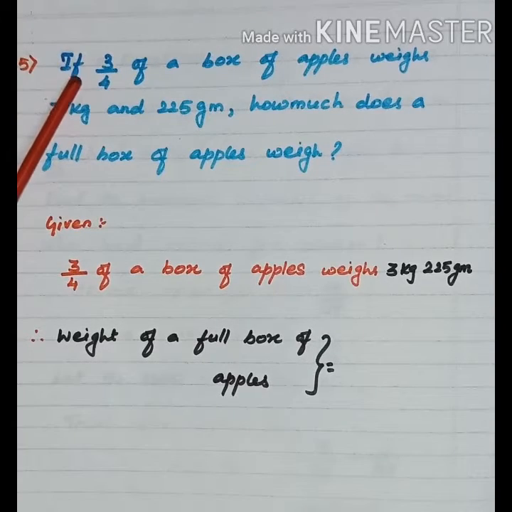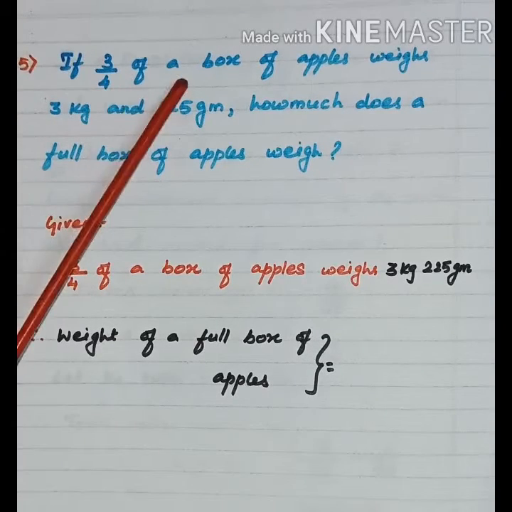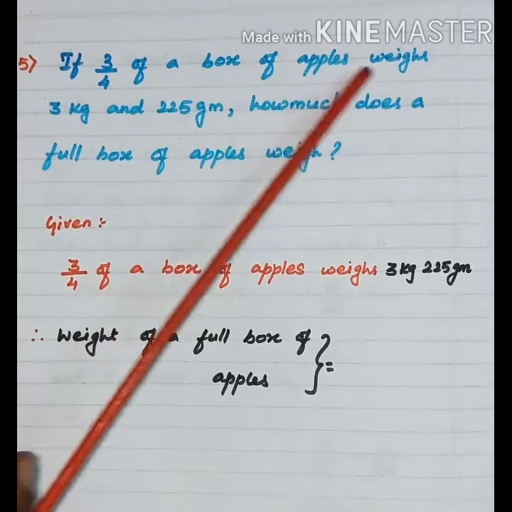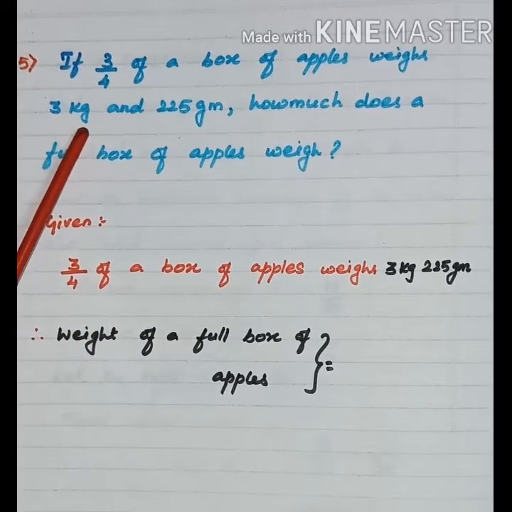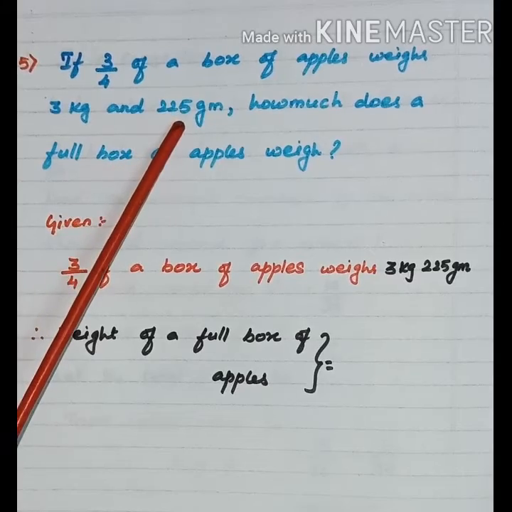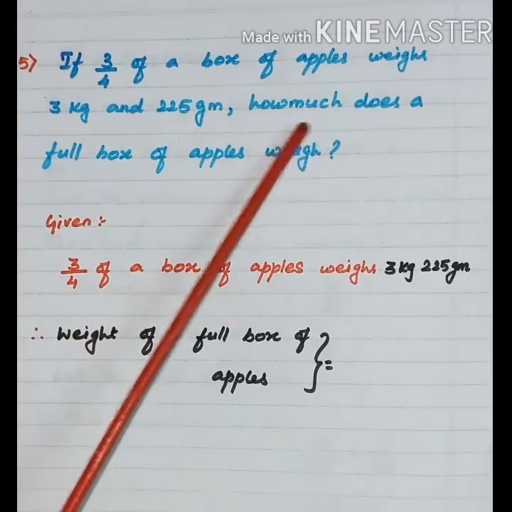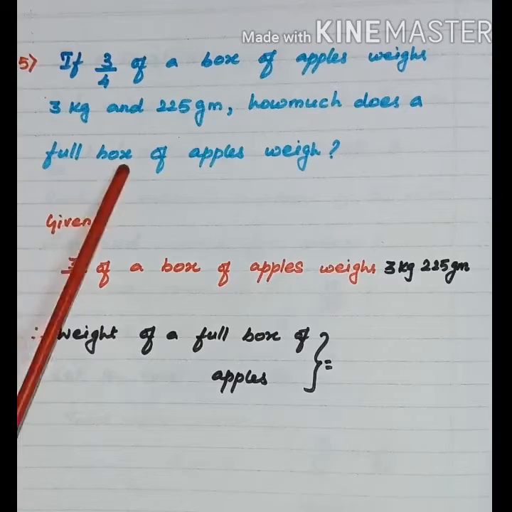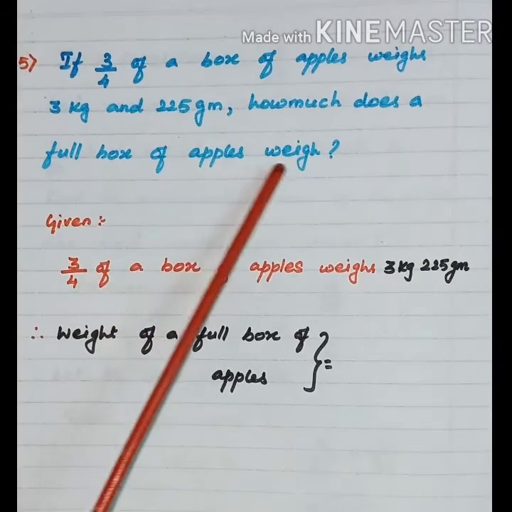Fifth sum is, if 3 by 4 of a box of apples weighs 3 kg and 225 grams, how much does a full box of apples weigh?